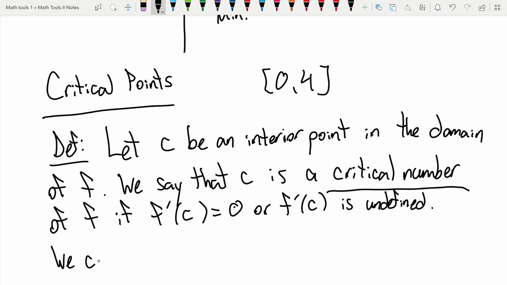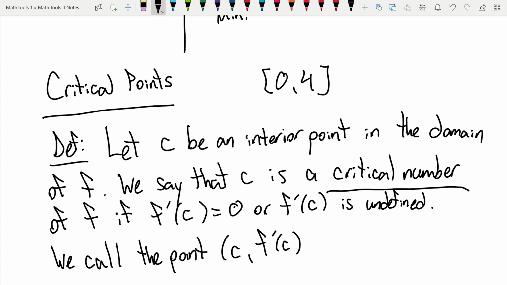And then we call the point C, F of C, because we're just looking at the original function, a critical point of F. Okay.